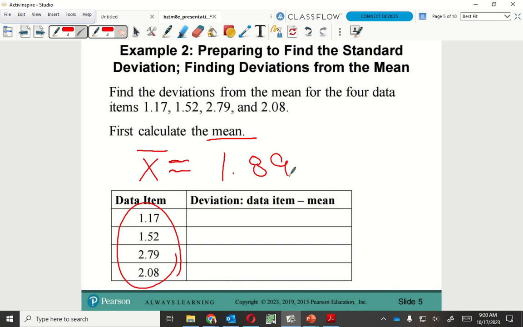So deviation, data item minus the mean. So to do these ones, the data item would be 1.17 minus my mean of 1.89, 1.52 minus 1.89, 2.79 minus 1.89, and 2.08 minus 1.89.